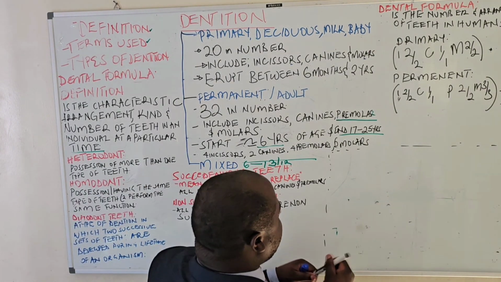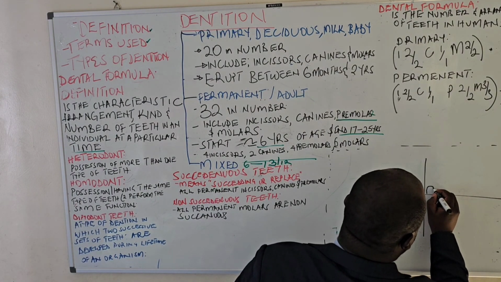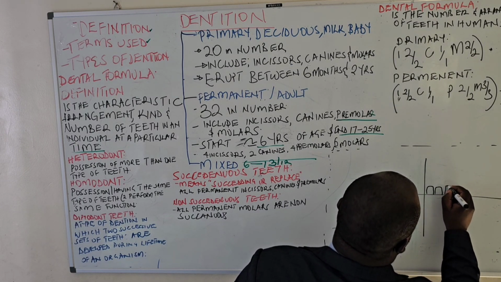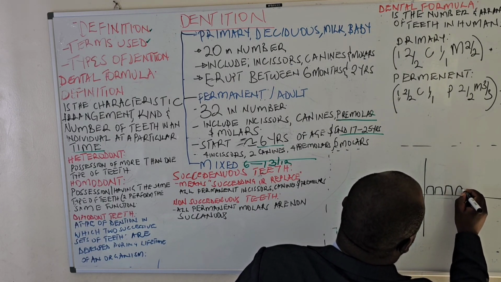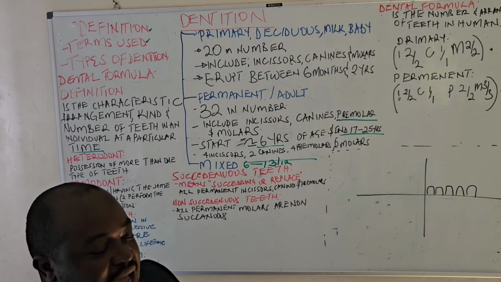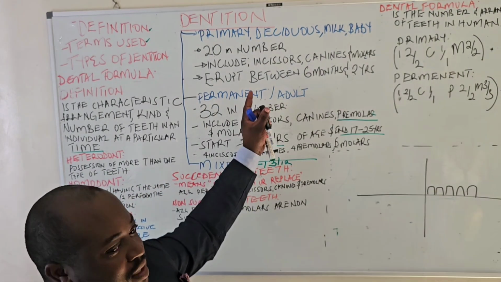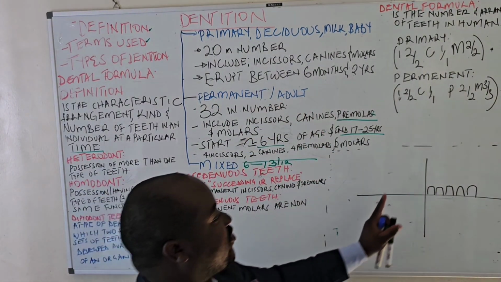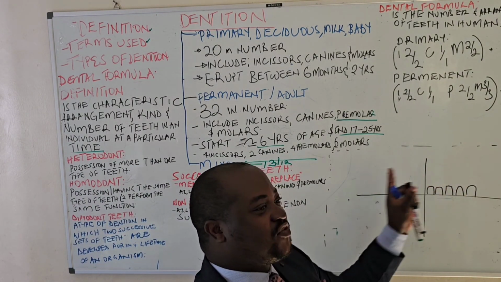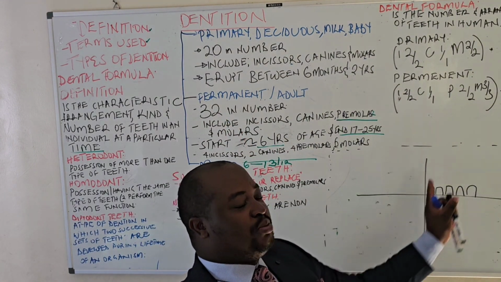In other words, if we have the primary dentition, we said we have one incisor, another incisor, a canine, a molar, and a molar. Because we said we have 5 in one quadrant, but for permanent they are 32, it means that in one quadrant they are going to be 8.